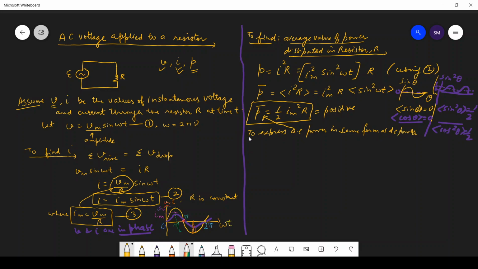We need to define one term, and that is effective current, or root mean square current.